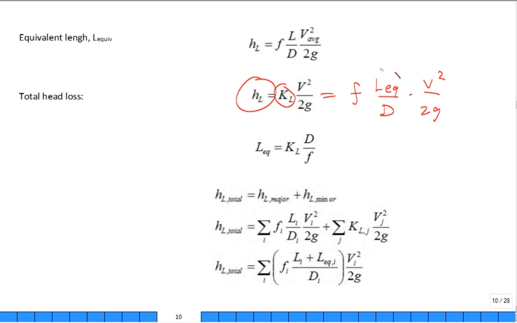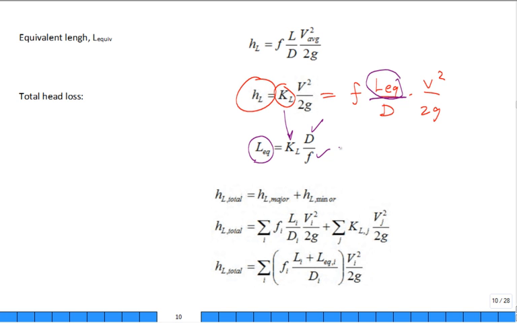It's just that I'm expressing it now in terms of equivalent length for that pipe with its roughness and its diameter. So the equivalent length for a minor fitting would be the loss coefficient times diameter divided by the friction factor.